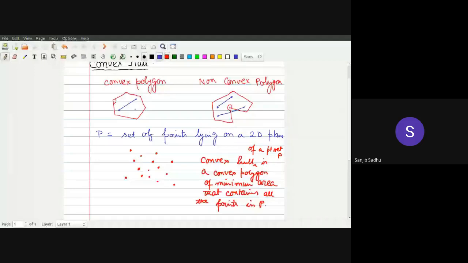For example, you see in this case, this is the convex polygon. So this shape is the convex hull. So convex hull is this thing. This is the convex hull, and this is the point set P.